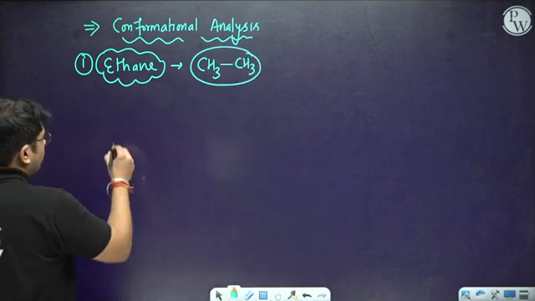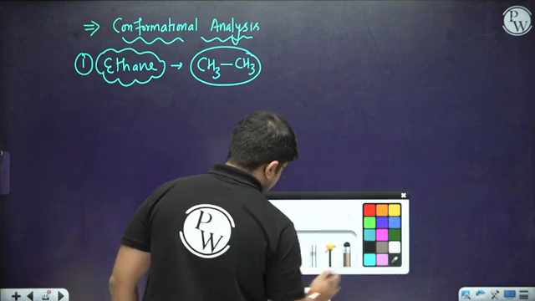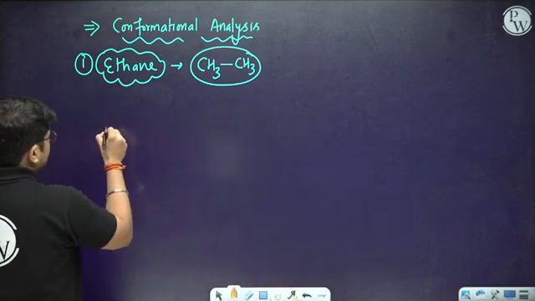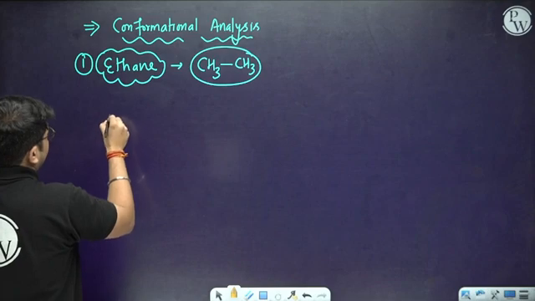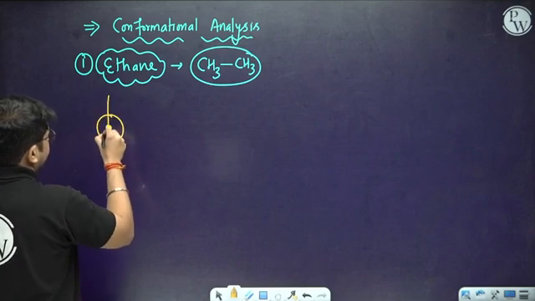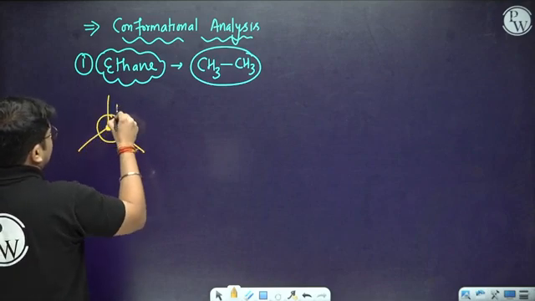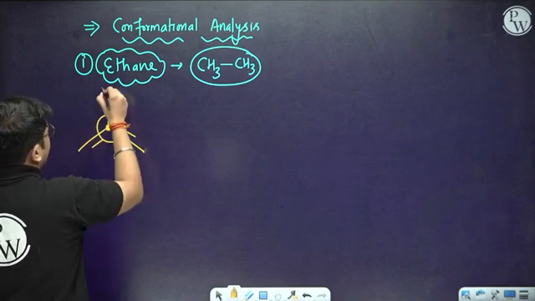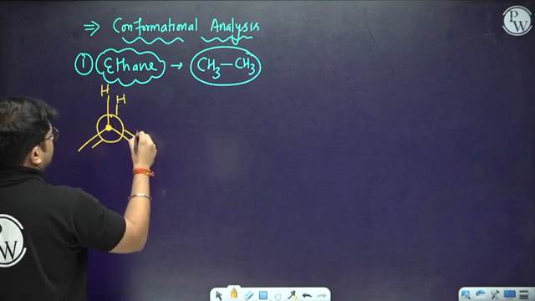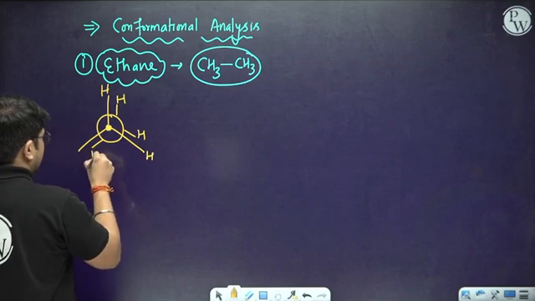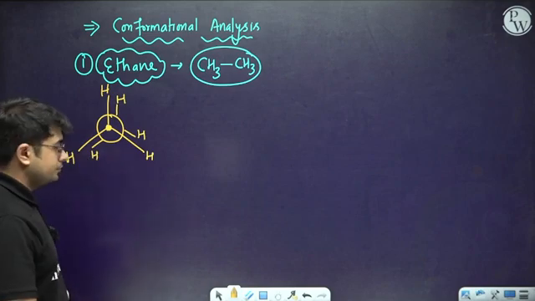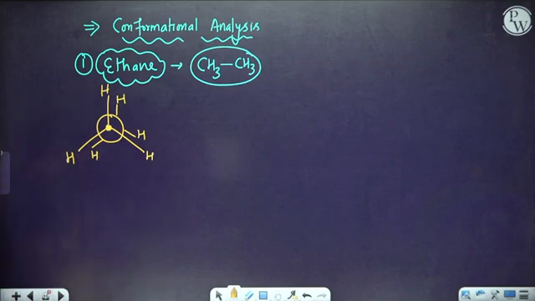So first of all, I can say this is the front carbon, this is the back carbon. First part is H, H, H, H, H, H. Okay, just have a look at it.